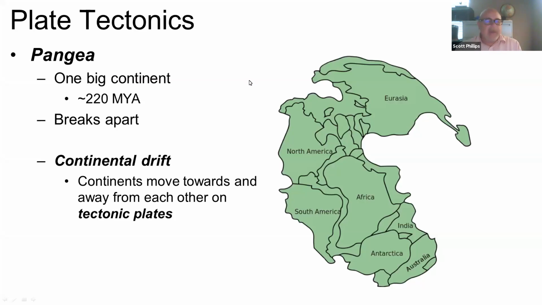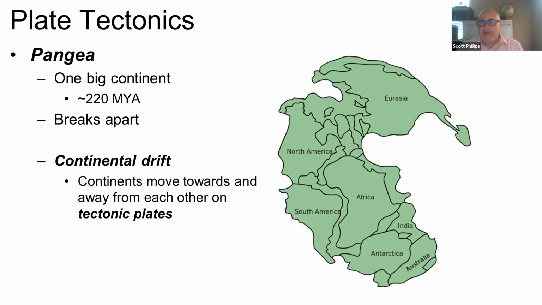Just some background: the idea of plate tectonics is actually a relatively new concept. It starts with what's called the Continental Drift theory. A scientist named Wegener theorized that the continents at one time were together in one supercontinent called Pangaea, hundreds of millions of years ago.